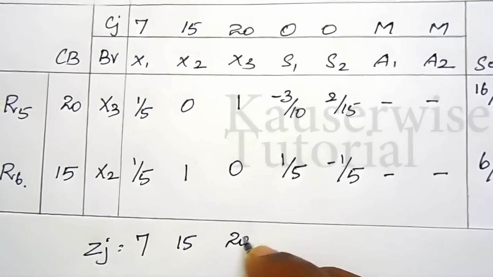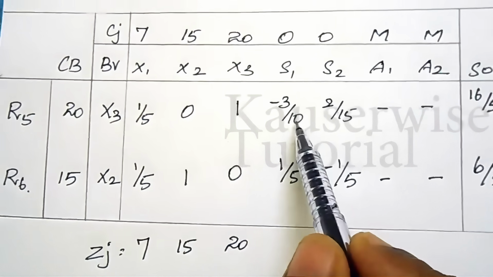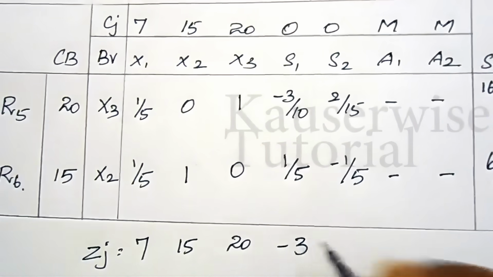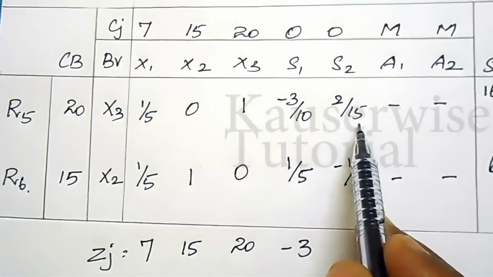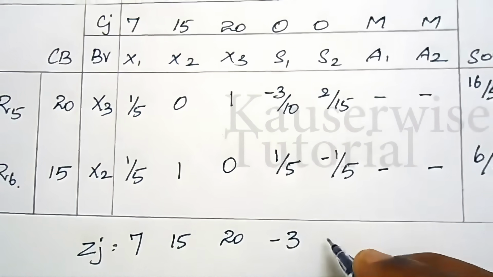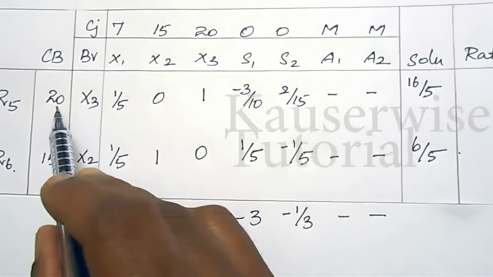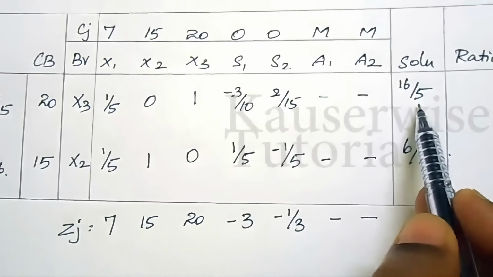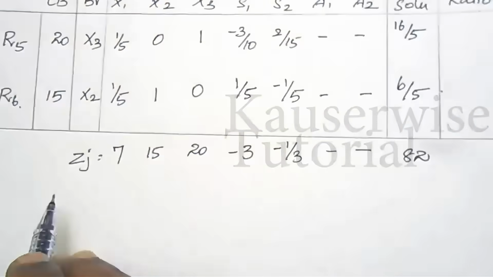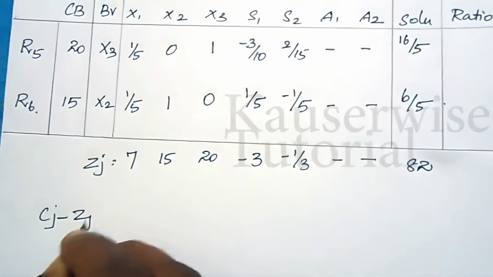Answer 20. And 20 into minus 3 by 10 plus 15 into 1 by 5. Answer minus 3. Then 20 into 2 by 15 plus 15 into minus 1 by 5. Answer is minus 1 by 3. The next value is 20 into 16 by 5 plus 15 into 6 by 5. Answer 82. After finding Zj, the next step is to find Cj minus Zj.